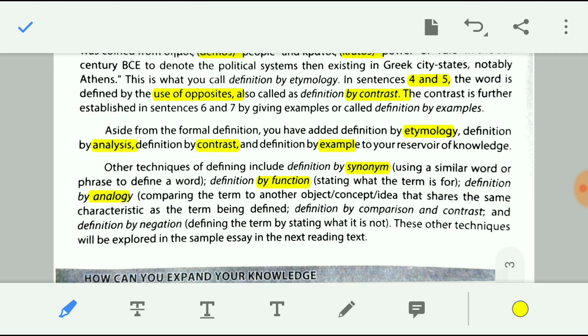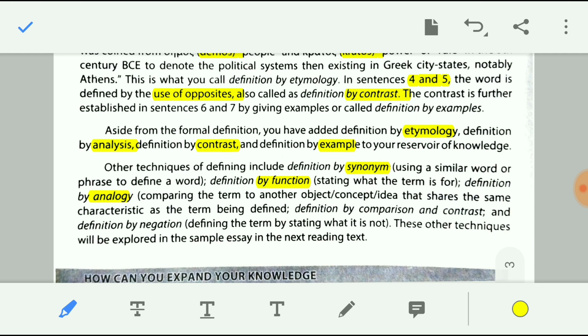So you have the same class, but then you have differentiation, so you can use that for an analogy. Just like the example I gave you between me and Mamlai, we're using analogy because we have the same characteristics, we're both teachers, but there is something that differentiates us. I am an English teacher and she is a Filipino teacher.